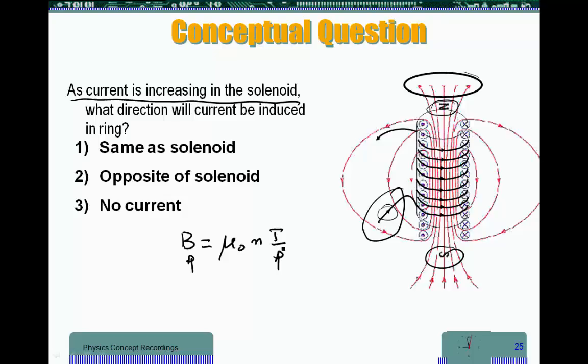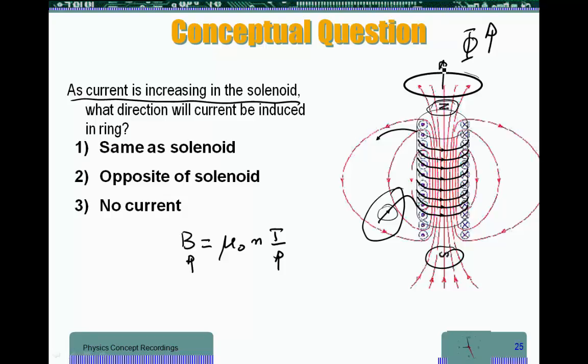Now, increase in I is going to increase B, which means that's going to increase the flux through the ring. So the flux through the ring is going to increase. It's going to increase in what direction? It's going to increase with a magnetic field pointing upwards.